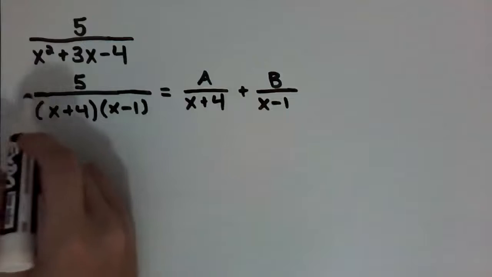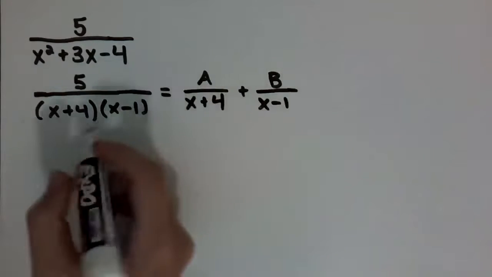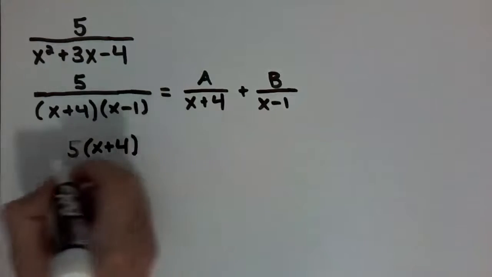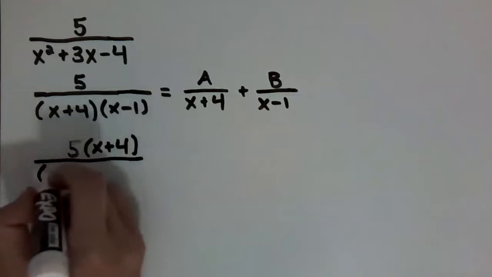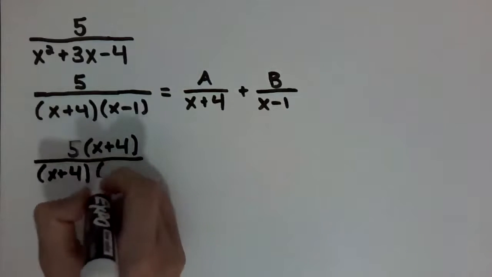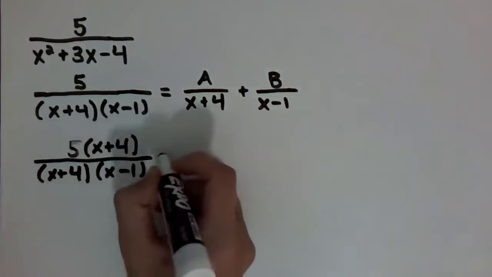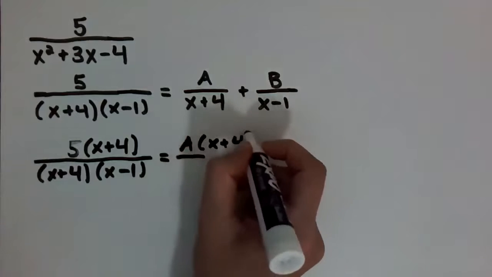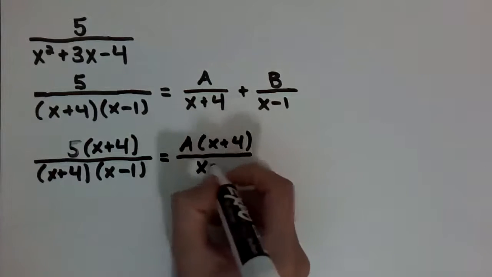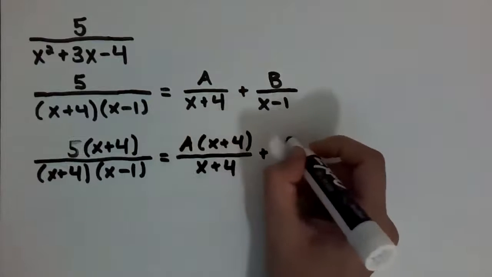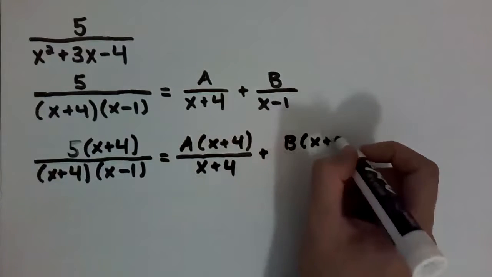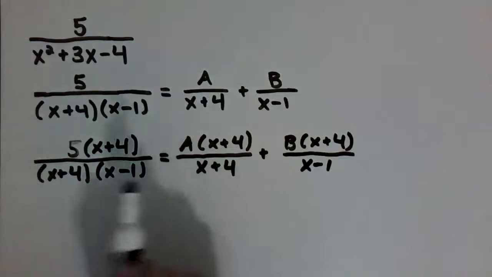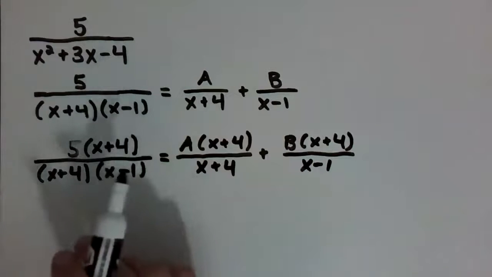If we multiply this whole equation by x plus 4, we'll end up with this. So just multiply everything by x plus 4.